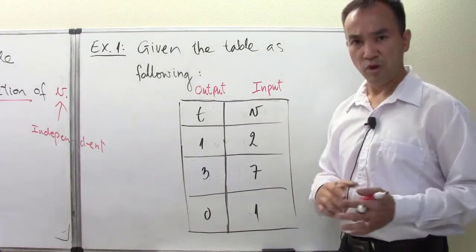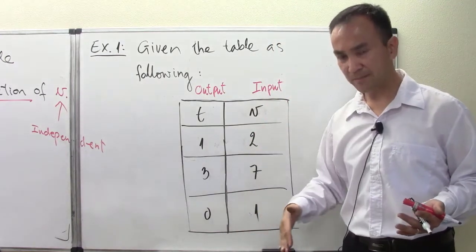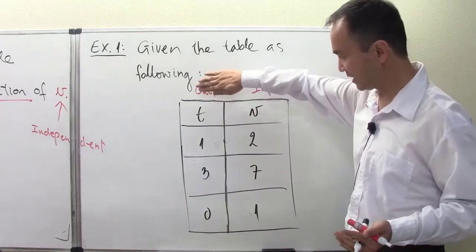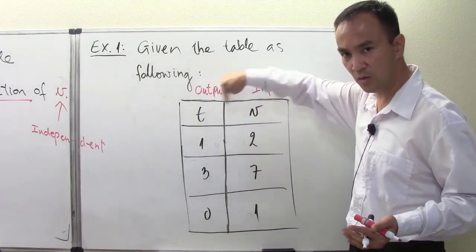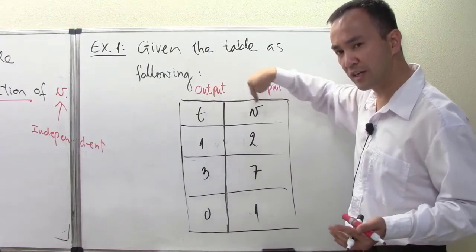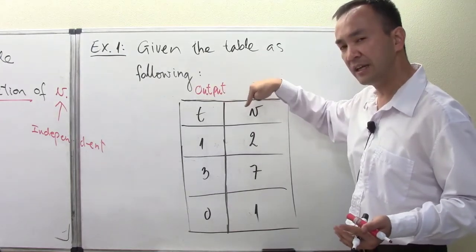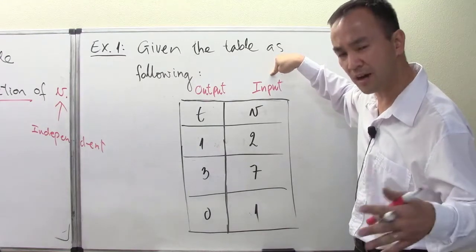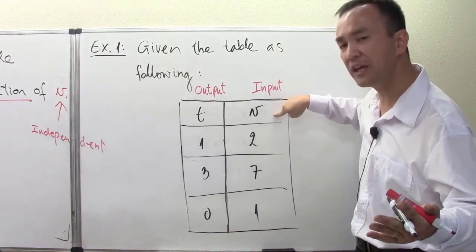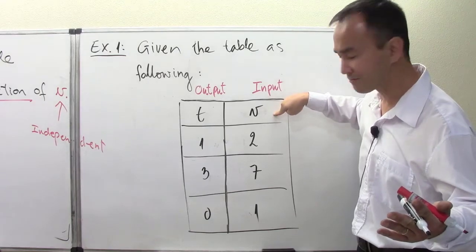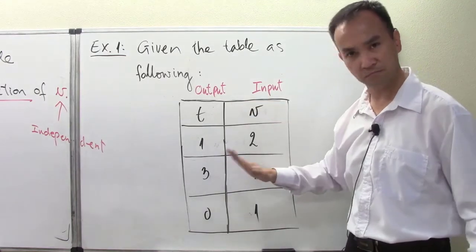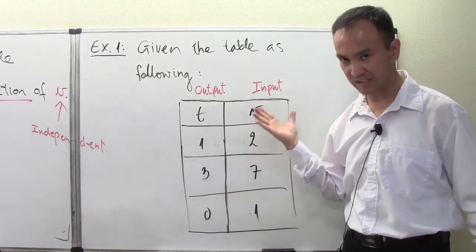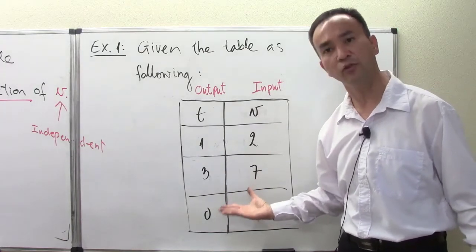Like I said earlier, before we stepped into this example, a table is just a table. Any one among t and v can be the inputs. So this time we purposely wanted v to be the inputs and t to be the outputs. This same table now represents a different rule.